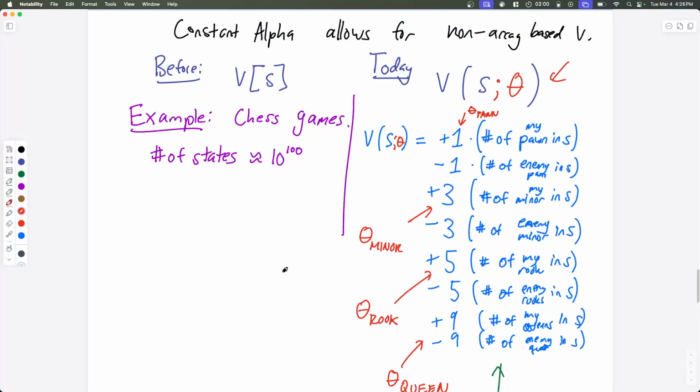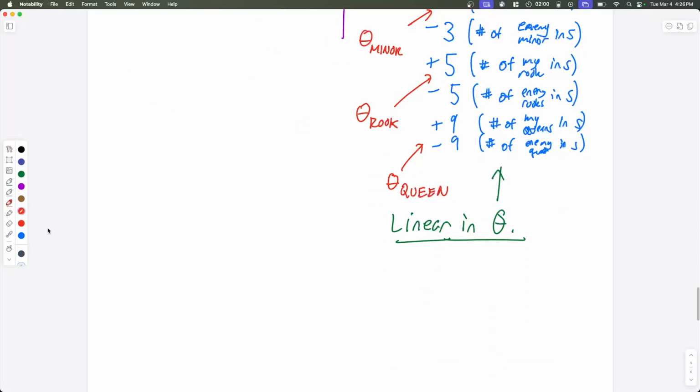theta pawn over here. So yeah, let's zoom in on that term. One of the terms is theta pawn, and before it just said count the number of pawns, right? But maybe some pawns are better and some pawns are worse. So I'll do theta pawn, and then I'll multiply it by the number of pawns, and then I'll add a parameter for how far up the board the pawn is.